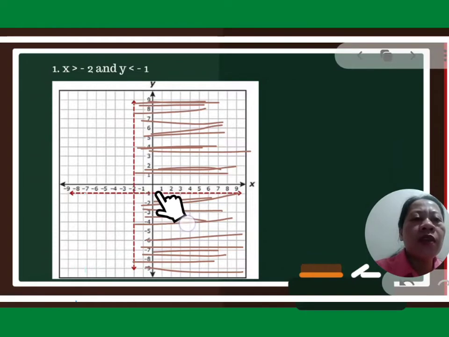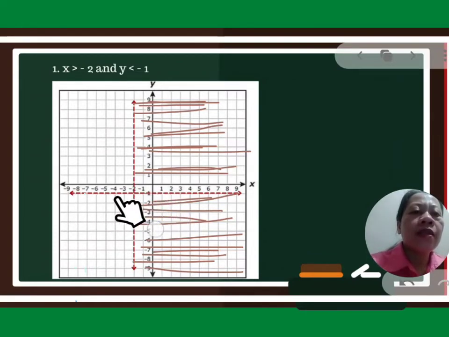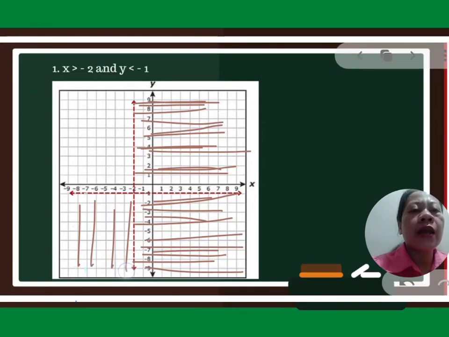So, ito ngayon si negative 1 sa may y-axis. So, ito ngayon yung line, which is the line for this inequality, less than negative 1. So, mula dito sa may negative 1, pababa naman, yun po yung mga less than negative 1. So, ang shaded part ay nandito sa baba ng line. Okay. So, sa baba ng line.